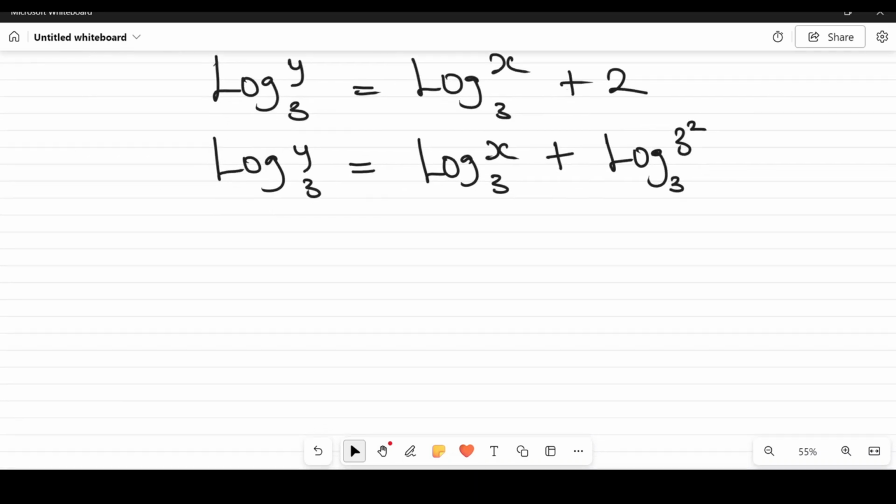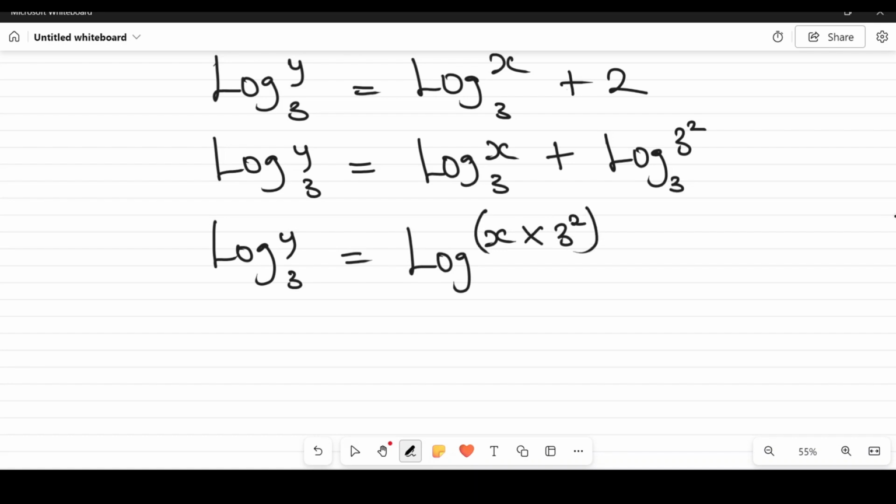To simplify further, we have to apply the laws of logarithm on the right hand side. So our equation becomes log y to base 3 is equal to log x times 3 to the power of 2 in base 3.